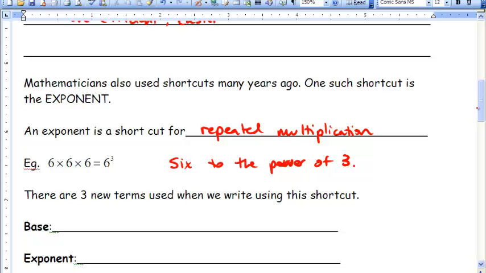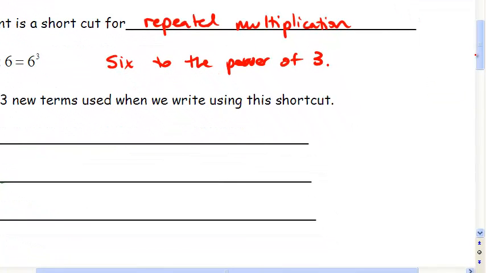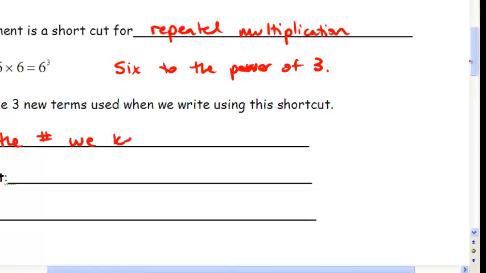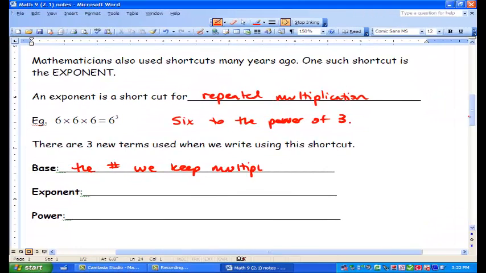Now, there are 3 new terms we're using when we use this shortcut with exponents in math. Base. Well, this is the number we keep multiplying. In this case right here, our base was 6.